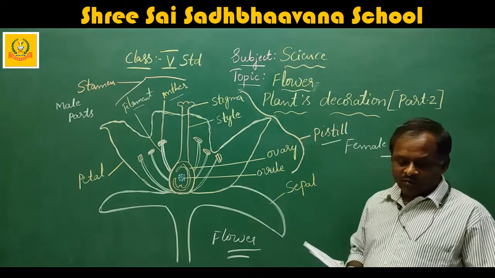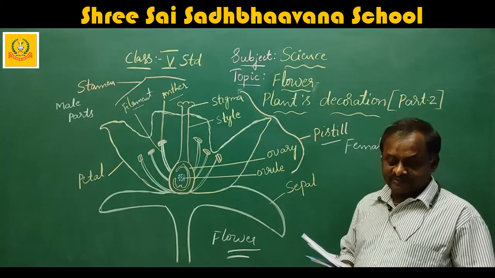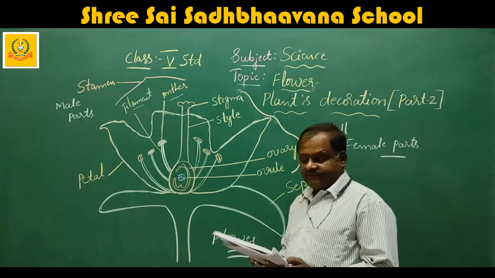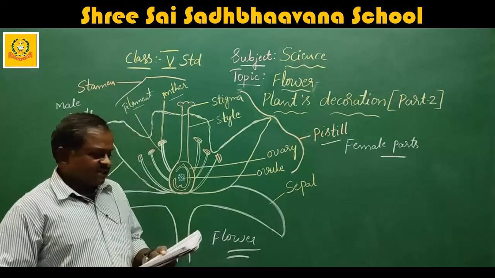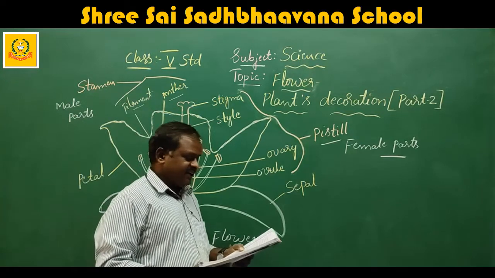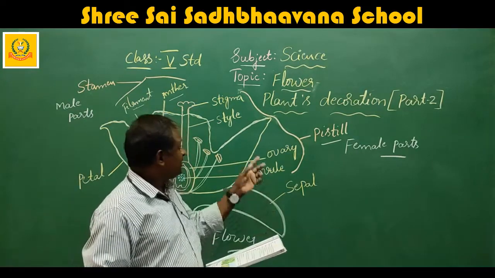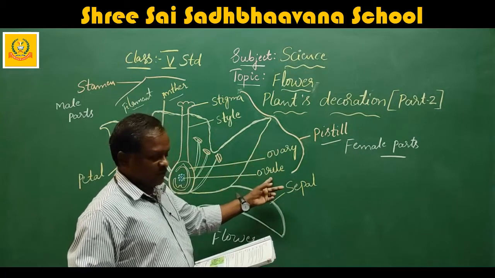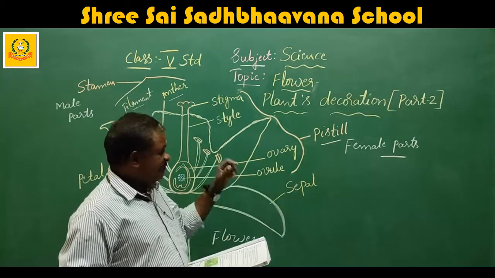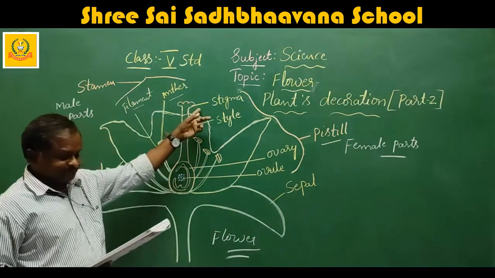Now we will go through the functions of this female part. The pistil is the female part of the flower. It is made up of stigma, style, ovary and ovule. What is the stigma?